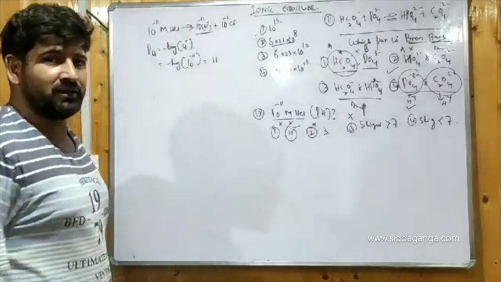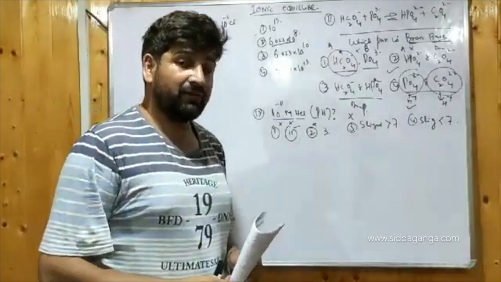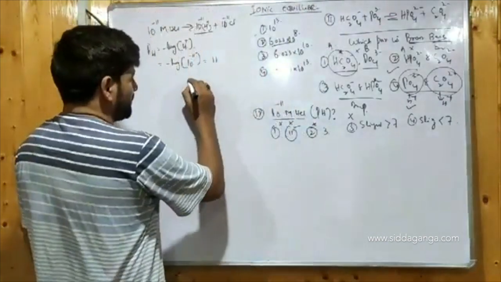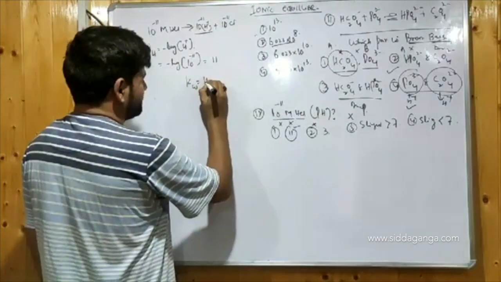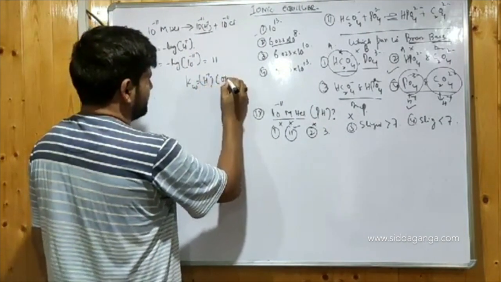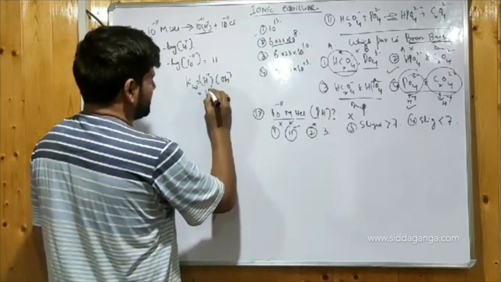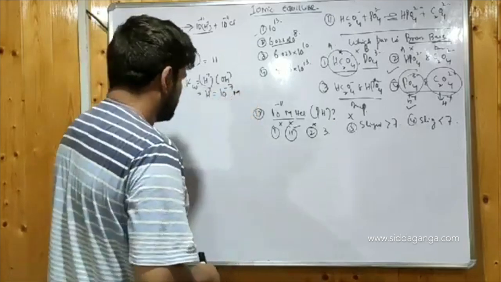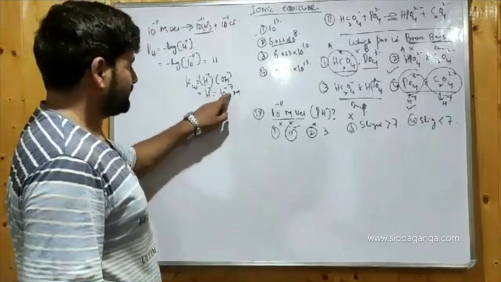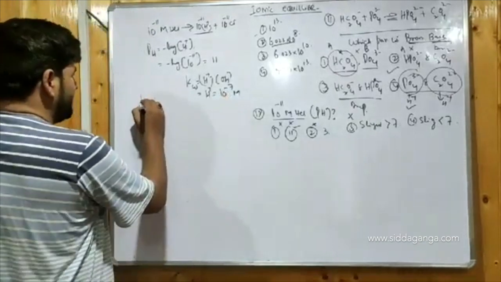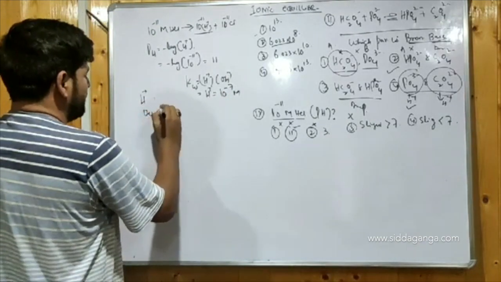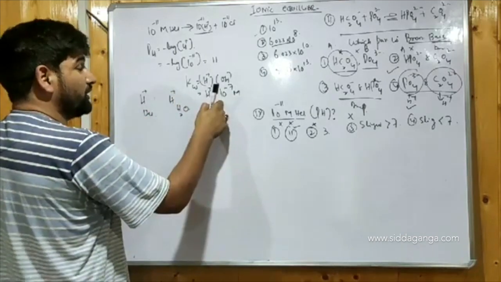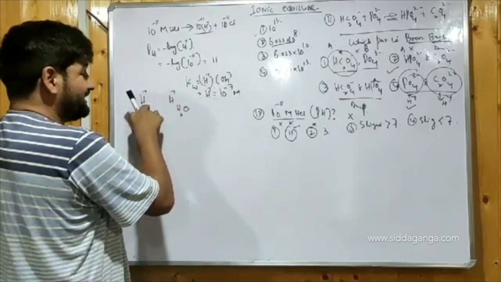that's a wrong option. Because children, remember that whenever you have a highly diluted acid with the addition of water, we already know the ionic product of water is H plus into OH minus, and the H plus ion concentration coming from water is 10 to the power minus 7 molar. So you have H plus ion concentration 10 to the power minus 7. Now if you look at H plus from HCl and H plus from water, the H plus coming from water is more compared to that of HCl.